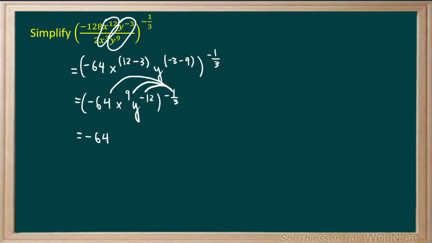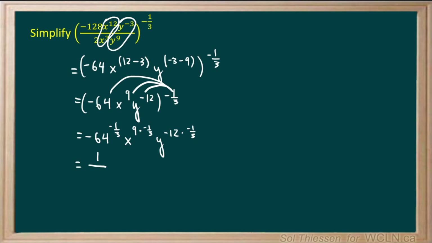So the negative 64 will become negative 64 to the power of negative 1/3. X to the power 9 is going to be x to the power of 9 times negative 1/3. And y to the power negative 12 will be y to the power negative 12 times negative 1/3. So right off the bat, we can simplify the negative 64 a little bit. So we'll have negative 64 in the denominator, since this exponent is negative.